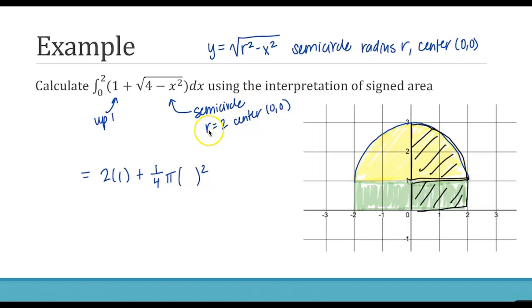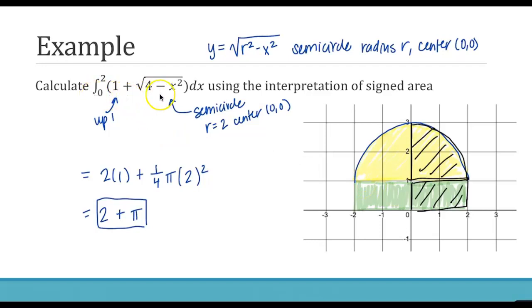Well, the radius of this semicircle is 2. So if we simplify this, we end up with 2, and then 2 squared is 4. 4 times 1/4 is 1, so this whole thing is just 1 pi. So 2 plus pi. And these are not like terms, so this is the best that we can do.